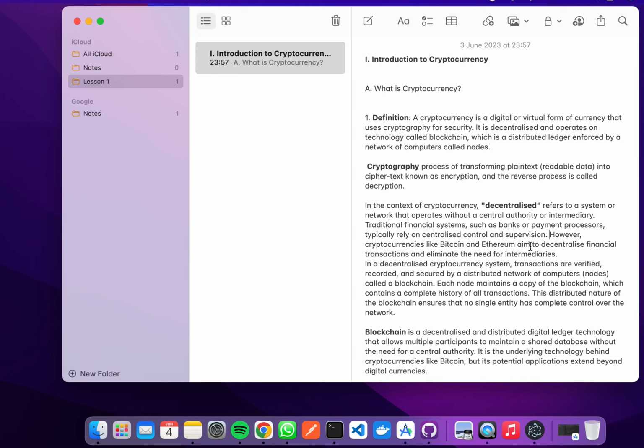However, cryptocurrencies like Bitcoin and Ethereum aim to decentralize financial transactions and eliminate the need for intermediaries. So the aim or the purpose of these cryptocurrencies like Bitcoin and Ethereum is to eliminate the need for a central authority like the central bank.